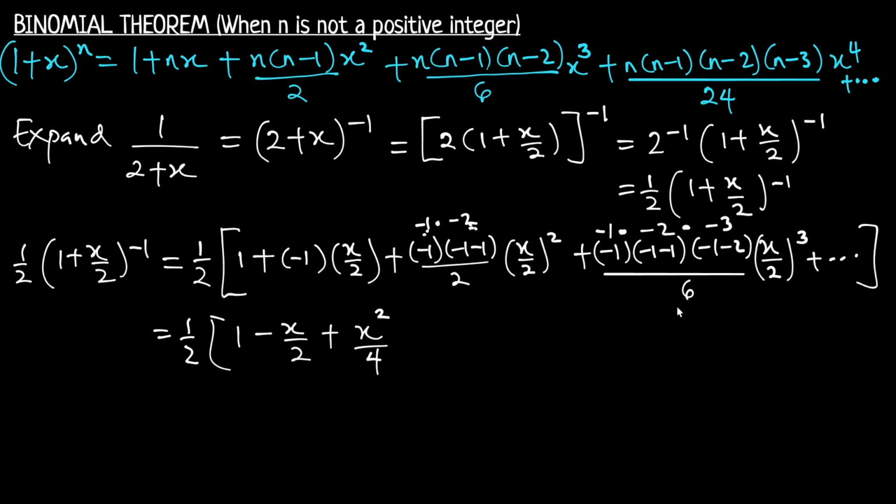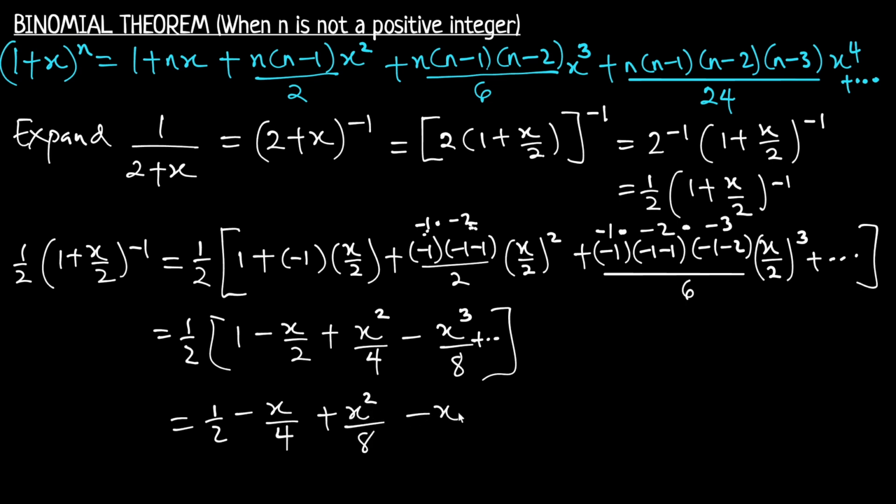When you divide that, you have a negative 1, so we have negative x to the power of 3, divided by 8. Now, we need to use this 2 to open the bracket. So this becomes half minus x over 4 plus x squared over 8 minus x cubed over 16.